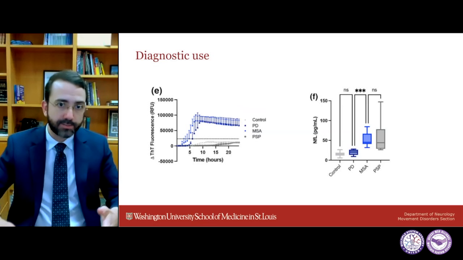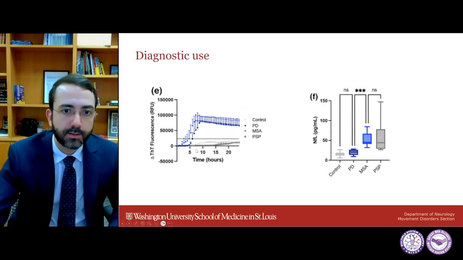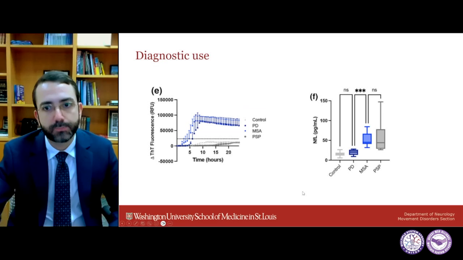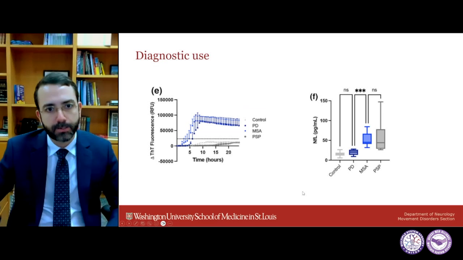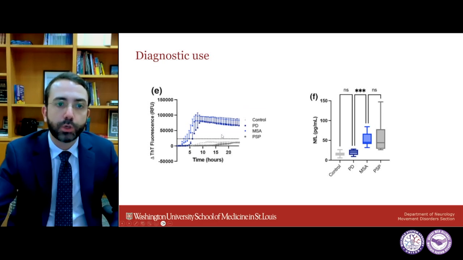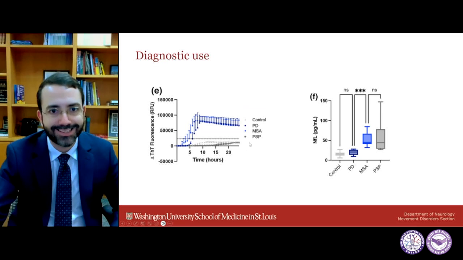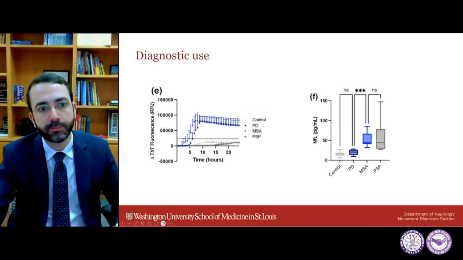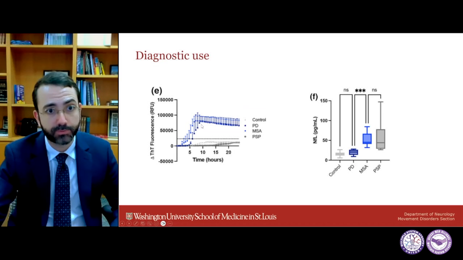And they have suggested that, as we can see here, it can be quite a specific result to identify these patients with MSA. So if we look just at the accumulation of alpha-synuclein, we can see that patients with PD and MSA obviously have higher levels of alpha-synuclein.